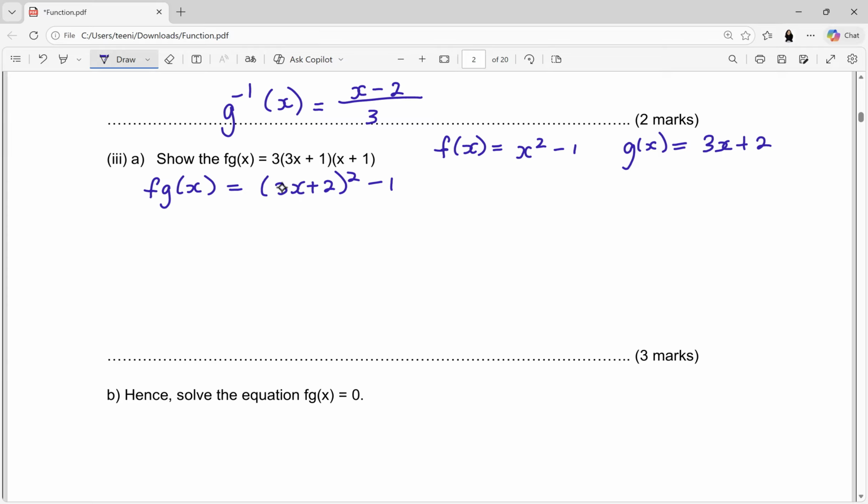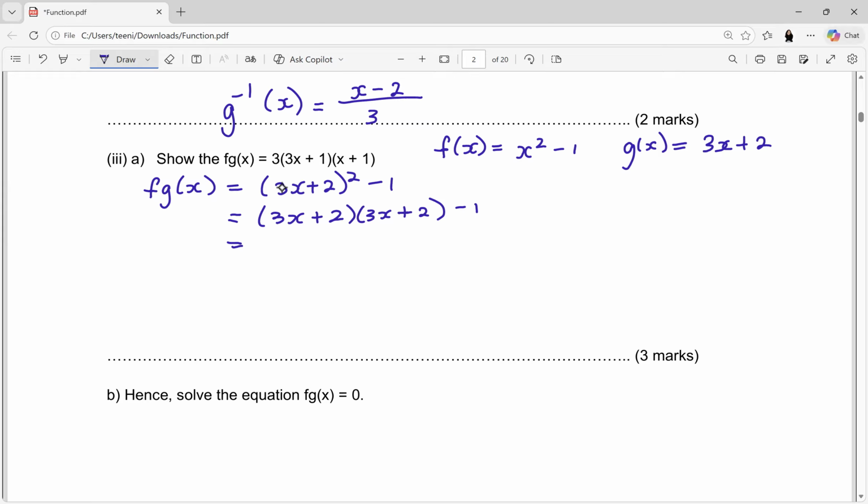So this question doesn't mean to solve it. This means to show that whatever we get here can be expressed as 3 by 3x plus 1 by x plus 1, right? So you have to expand this first of all. So 3x plus 2 all squared will be equal to 3x plus 2 by 3x plus 2 minus 1.